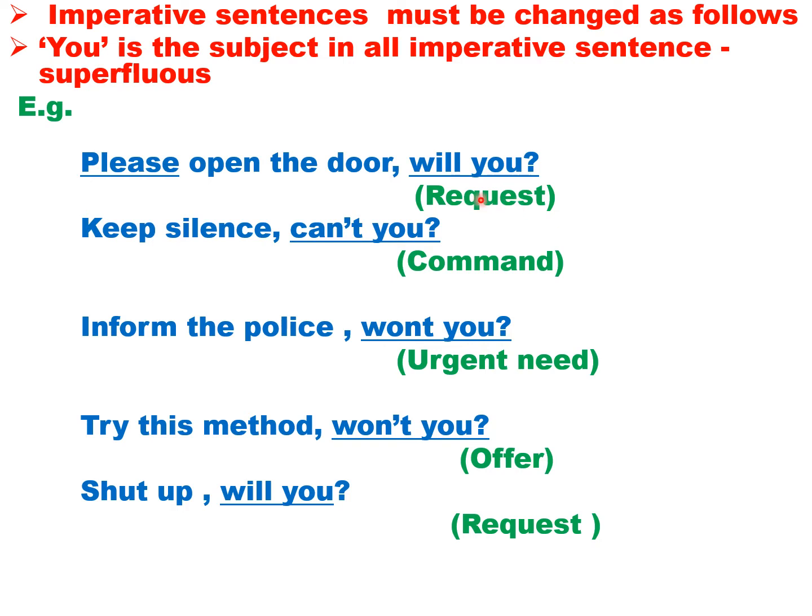We must use the question tag will you. Keep silence. Can't you? For command, we must use the question tag can't you. For urgent need and for offer, we must use the question tag won't you. For request, will you. Most probably, we must use the question tag will you for imperative sentences, both positive and negative.